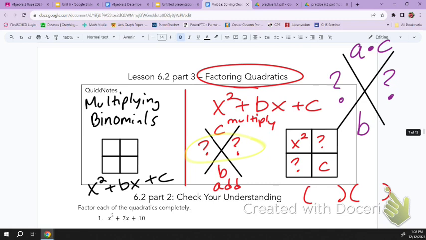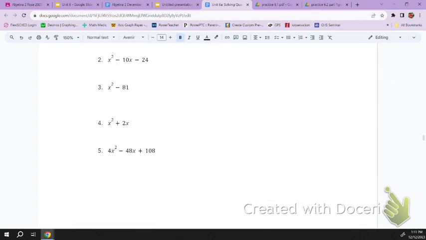Right now we're going to do 3 and 4 in our check for understanding. So number 3, what's wrong with number 3? Do you notice anything's missing? We should have the B term is missing.